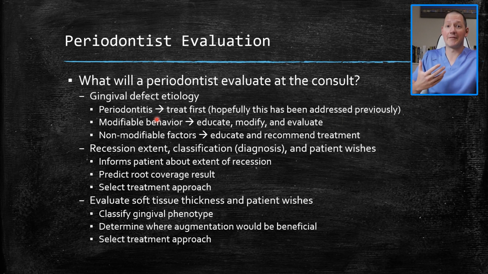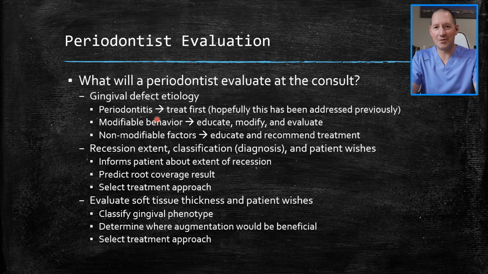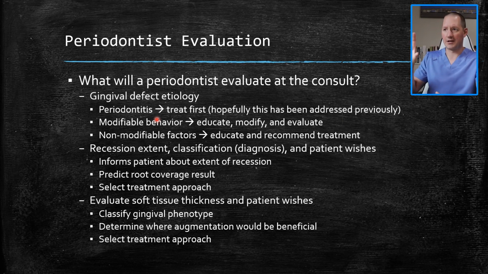And if they have periodontitis, obviously I'm going to recommend that we treat that first. Now, hopefully this is something that you've identified in your office, in your practice, and hopefully has been addressed as well and treated in your office. Obviously, you are very well capable and aware and able to identify and treat periodontitis. So if that's something that's going on, if that's the reason for recession, obviously I want to treat that infection and inflammation first before we move on to anything else.